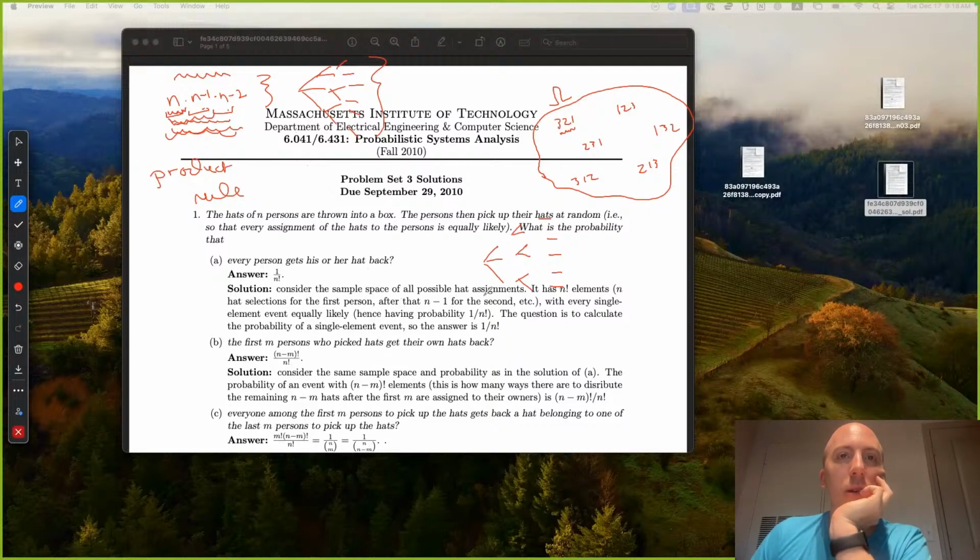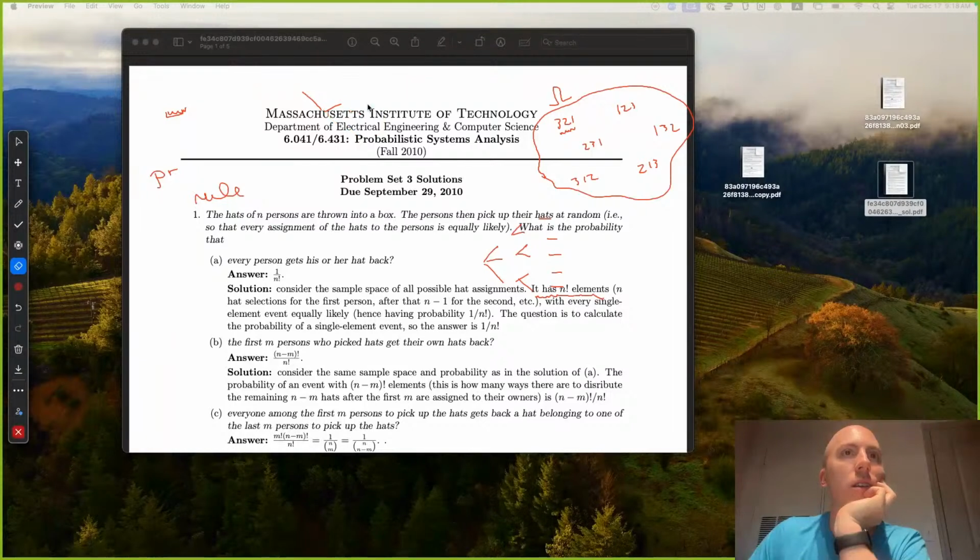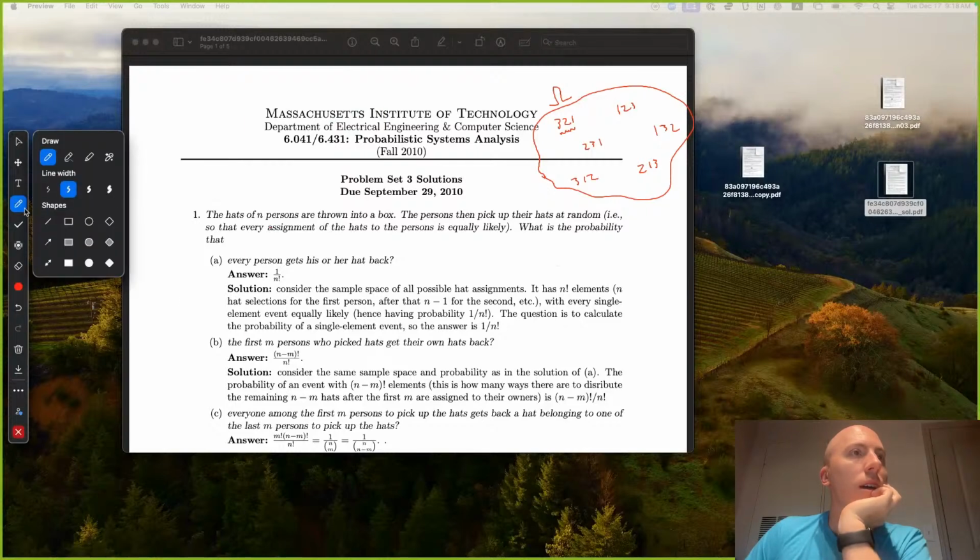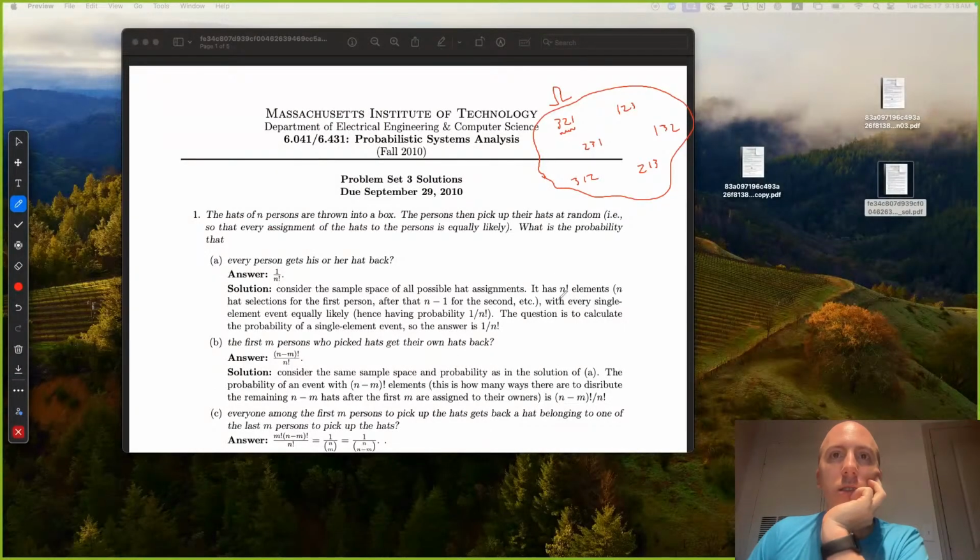The sample space of all possible hat assignments has n factorial elements. To connect that, I wasn't really thinking of the sample space like this, but let's develop a process to generate all the elements in the sample space.